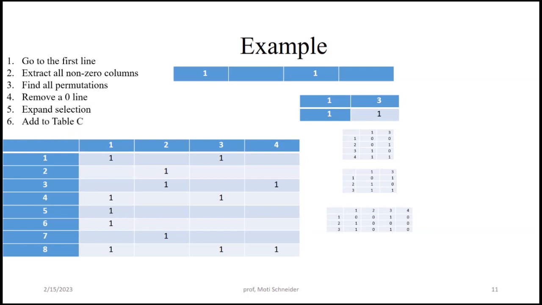Based on that, I take these 3 item sets and I add them to the table I call C. So I have an item set 0,0,1,0 has a count of 1, 1,0,0,0 has a count of 1, and 1,0,1,0 has a count of 1. Basically, I took all the permutations and I dumped them and I added the count.